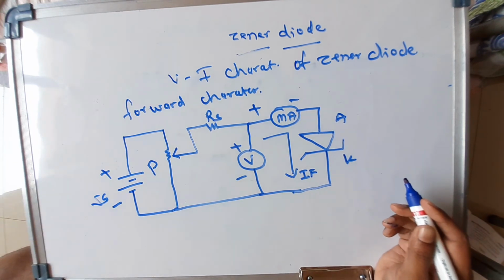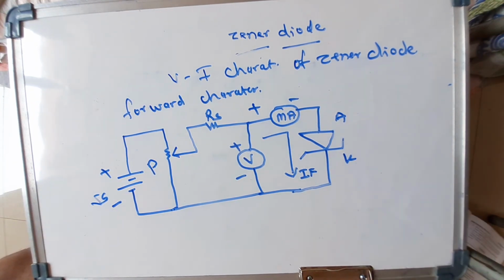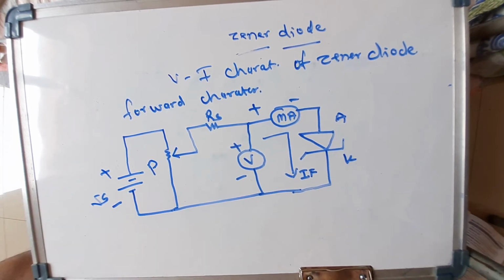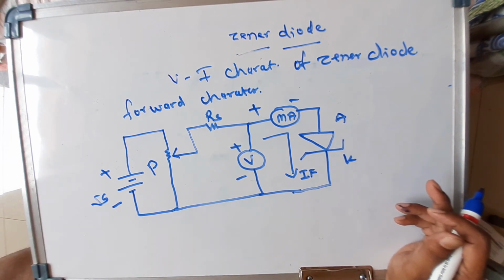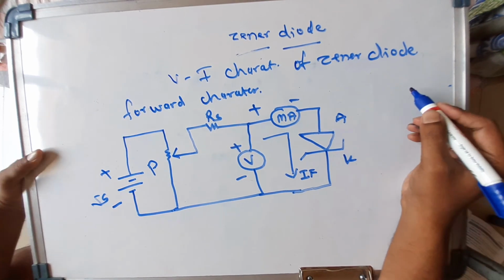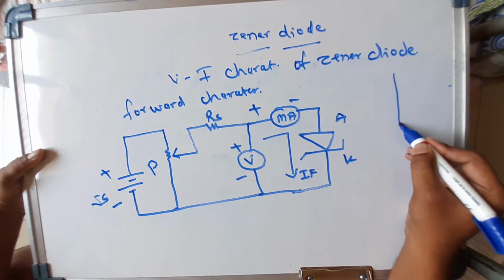Okay. Now listen here. This is a forward voltage current characteristic. So in this one, the graph, how it will look.